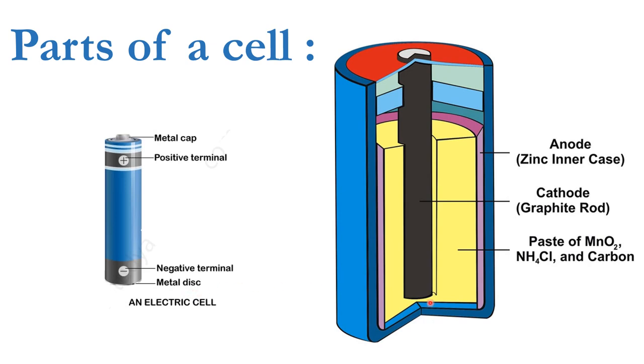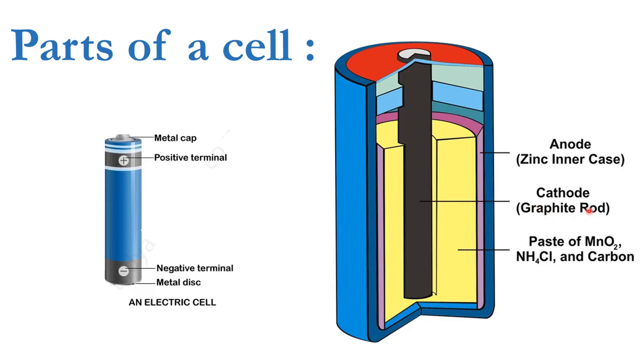Let us now also look at what chemical compounds the cell consists of. The anode. Anode is the negative terminal. The anode is made up of a zinc inner case, whereas the cathode, meaning the positive terminal, is made up of a graphite rod.